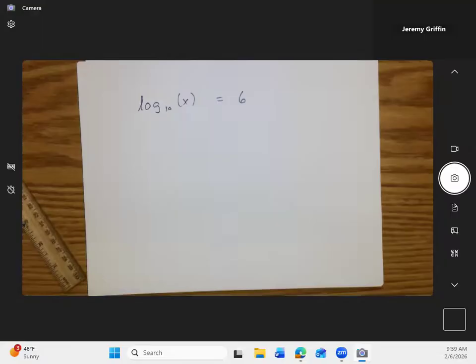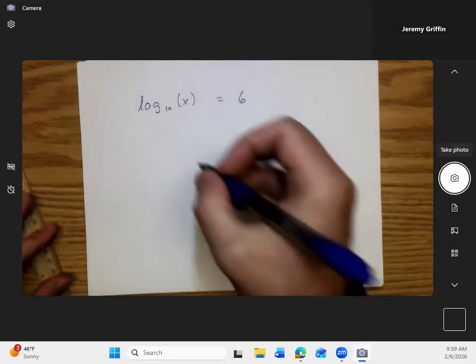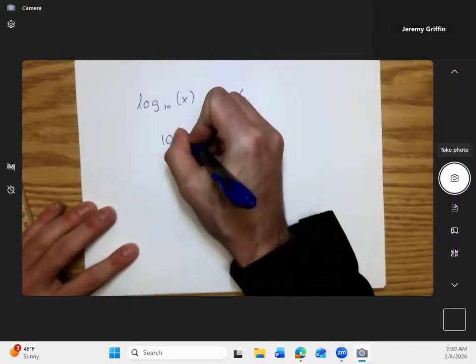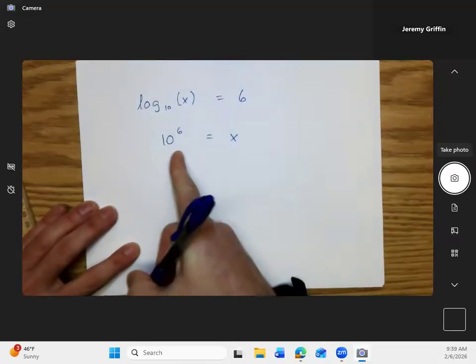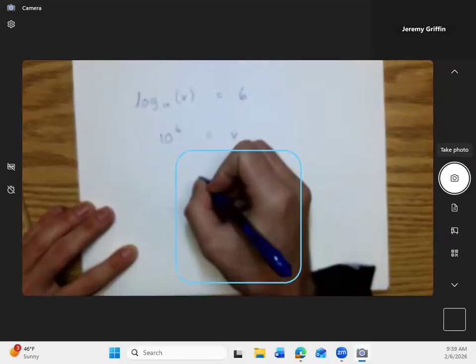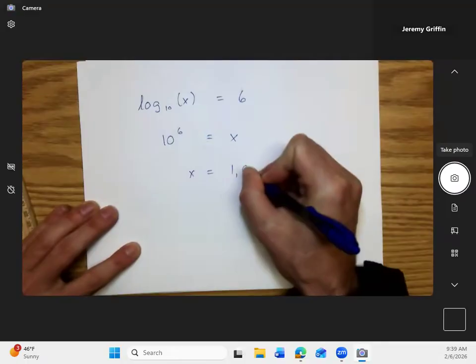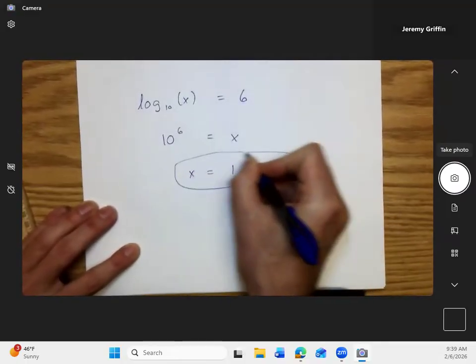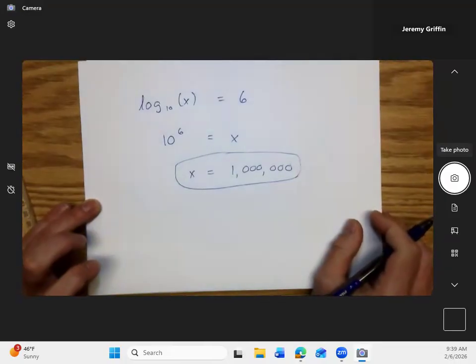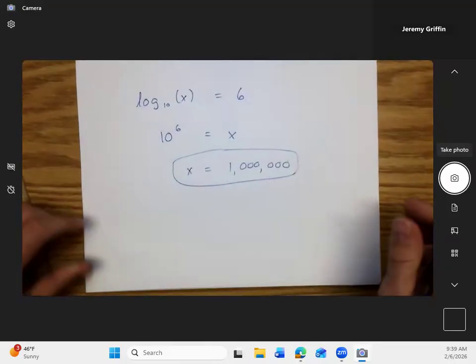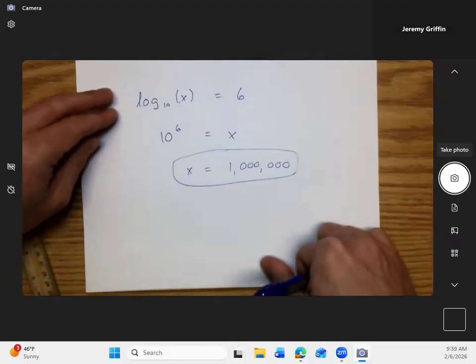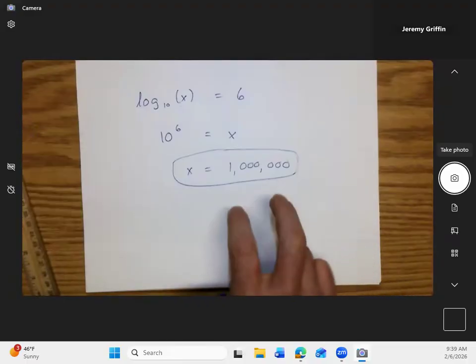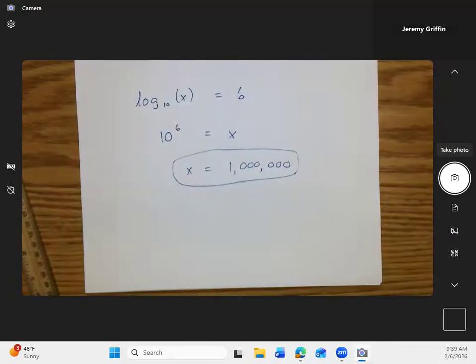I think the fastest way to solve that is to turn this into an exponent: 10 to the power of 6 is equal to x. If you type that into your calculator, that's a million. So x is a million. There might be other, more convoluted ways to go about it, but that's probably the fastest way.